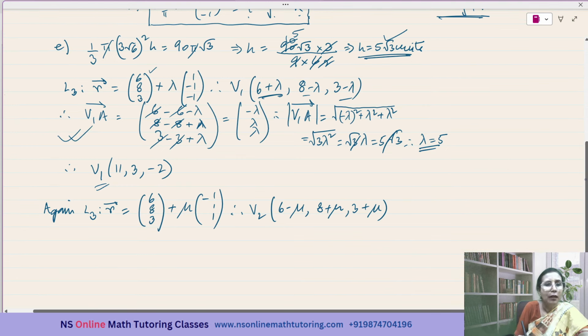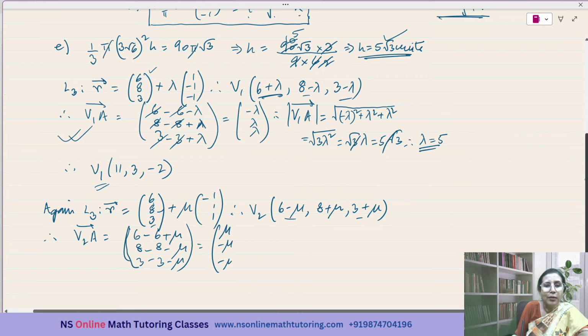Okay, and therefore V2A will be equal to 6 minus (6 minus mu), and 8 minus (8 plus mu), and 3 minus (3 plus mu), which is equal to mu, minus mu and minus mu.